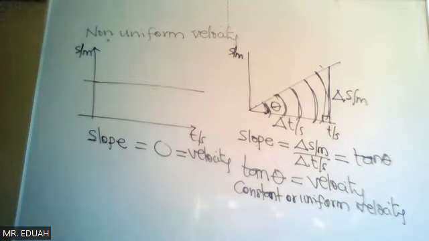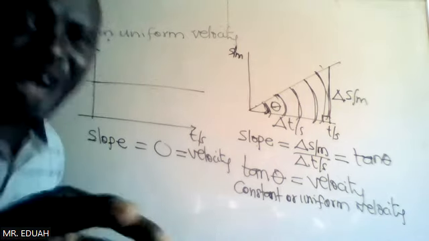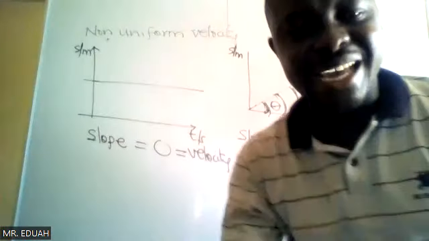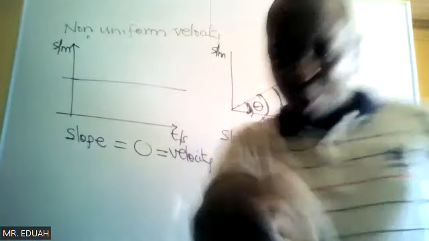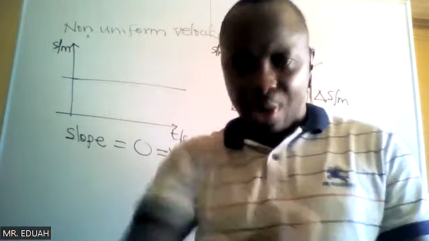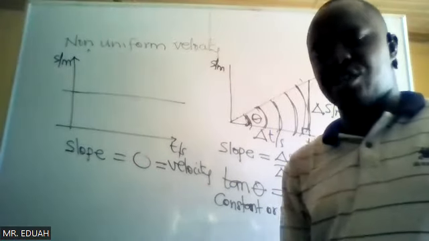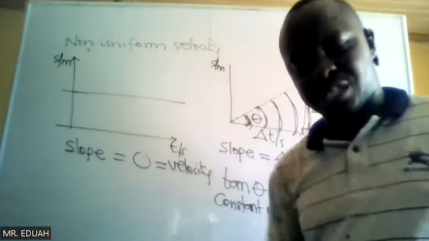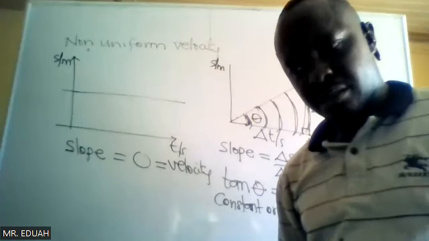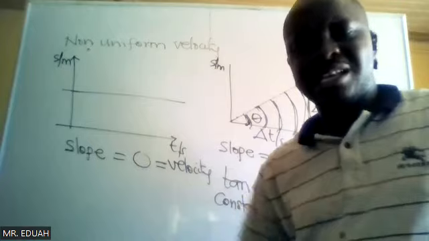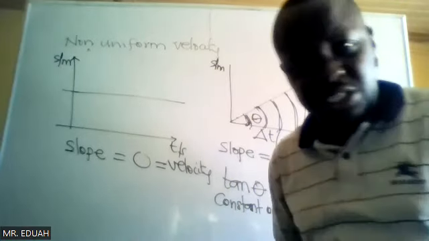Good. Now, you have a body and its velocity is 0. What can you say about the body, Paulette? The body is at rest. Yes, the body is at rest or stationary.